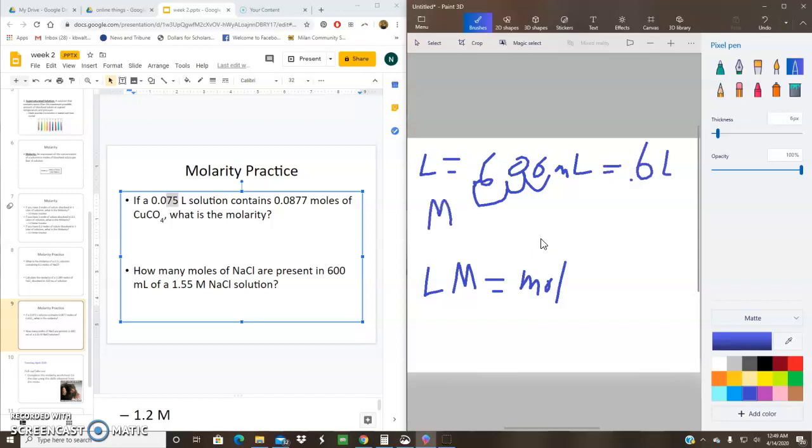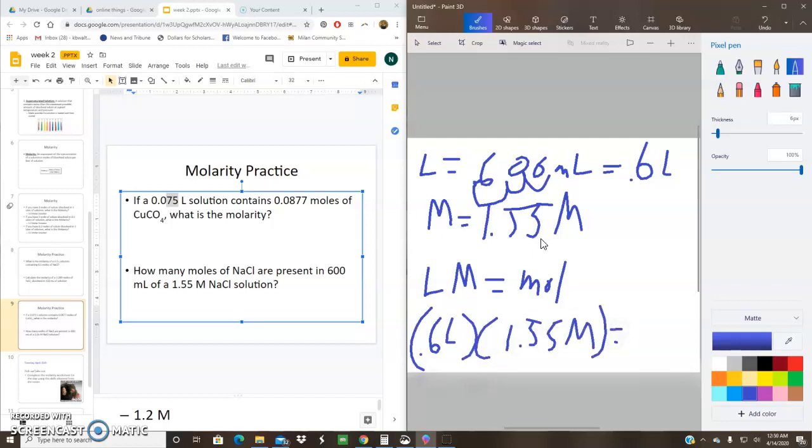And then we have a molarity of 1.55 molar. So I'm going to plug that into my equation. We have 0.6 liters times 1.55 molar solution. So, put that in our trusty calculator. 0.6 times 1.55 molar.